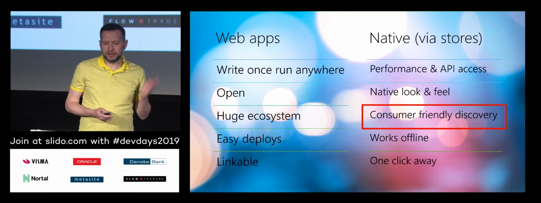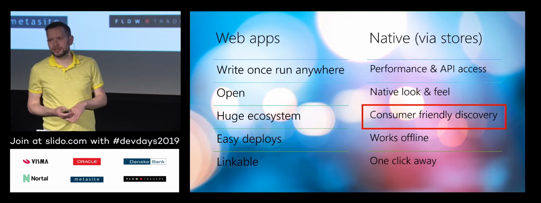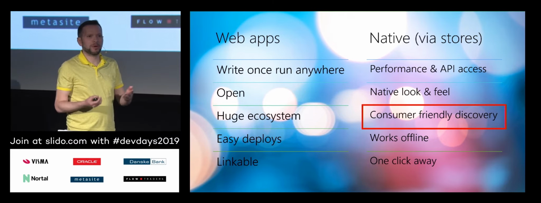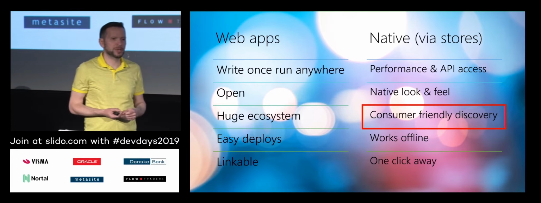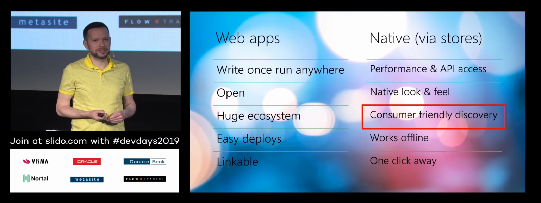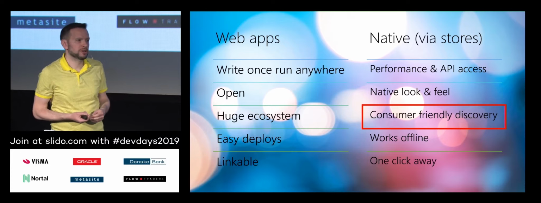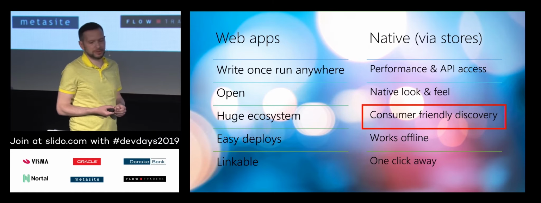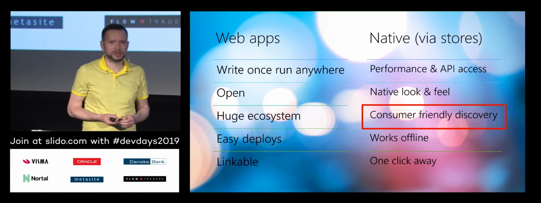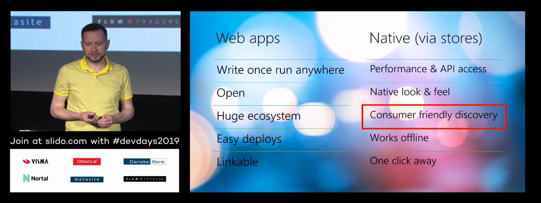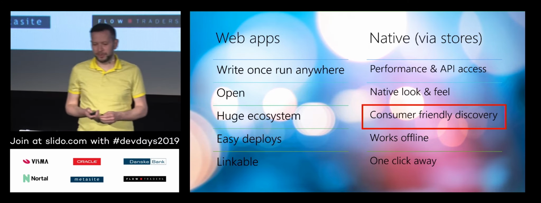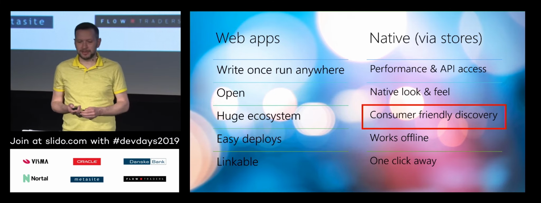So if you remember our initial slide, you probably agree that most non-technical people are conditioned in this day and age to find and install and discover apps through the app stores. And no matter what you think about it, it's probably the most convenient way for them to find and discover and install apps.